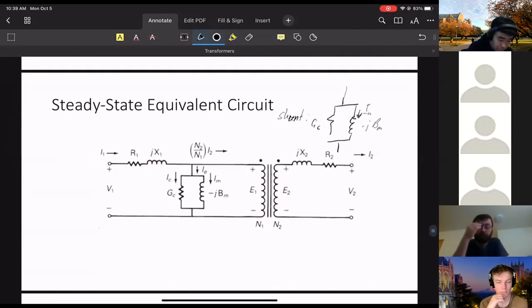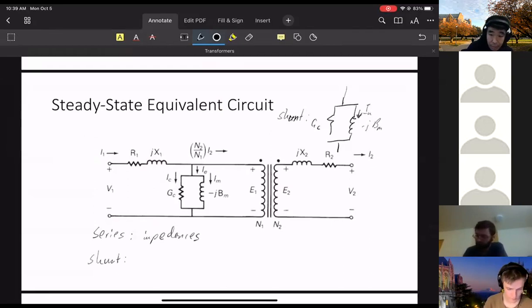There's actually a slight difference in convention. Things in the series branch are represented by impedances, and things in the shunt are represented by admittances. That's why in the shunt we talk about GC rather than RC. This is how we talk about the admittance.